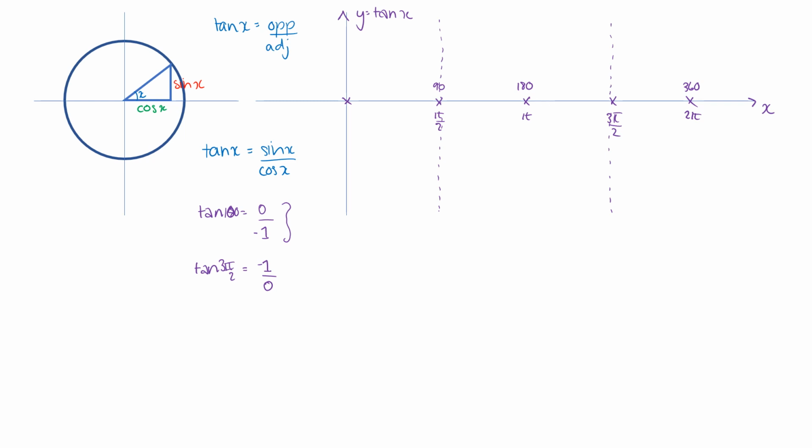Now, if we think about the behaviour between 0 and 90 degrees, or 0 and pi by 2 radians, we start off with sine being something really small and cos being as big as it can be. When we get very, very close to 90, cos is basically so small it's almost 0.